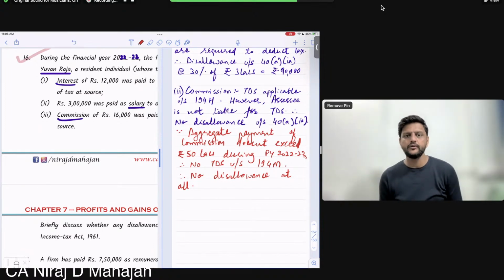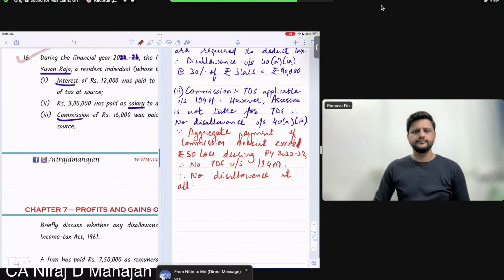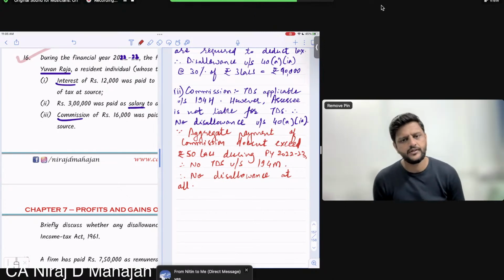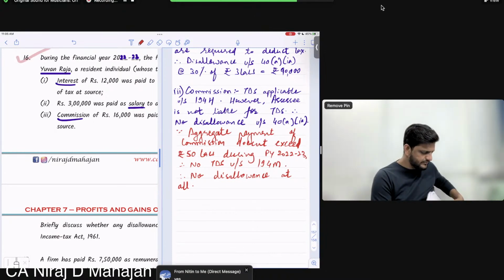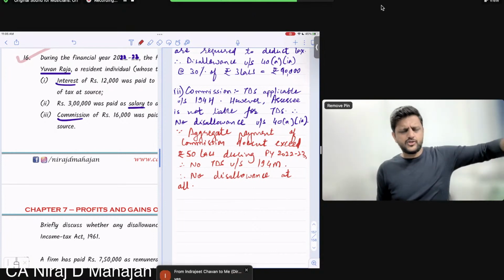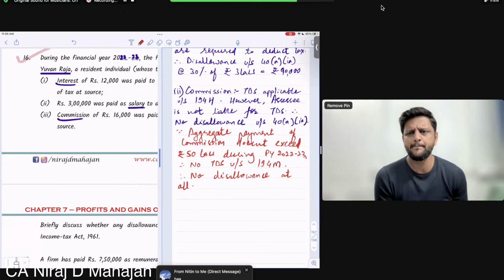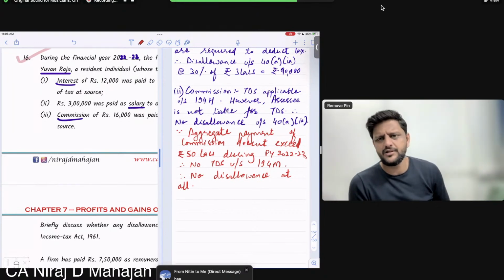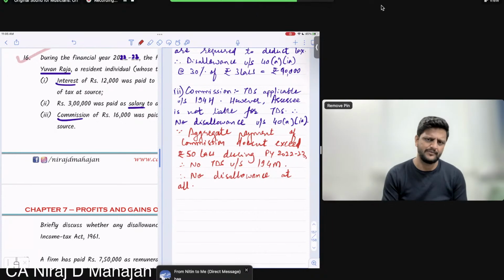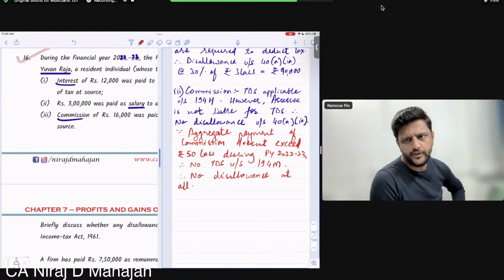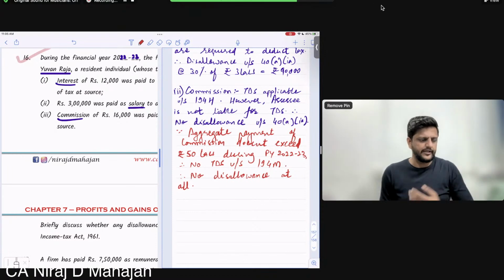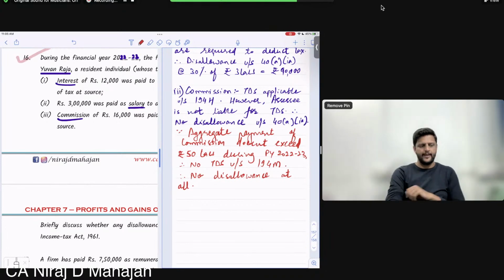Fine, everybody. Did you write down? He is not a deductor, first of all, in the current year for all the payments except salary. Did you understand it here? First of all, that much. He is not a deductor. So the answer has no impact or implication whether this section was applicable and not followed, because it is not a salary payment. But for your understanding, on commission the normal section applicable is 194H. But again, if 194H is also escaped or not applicable, then there is one more section we have to check, 194M.